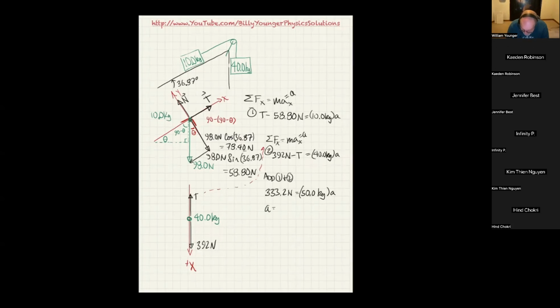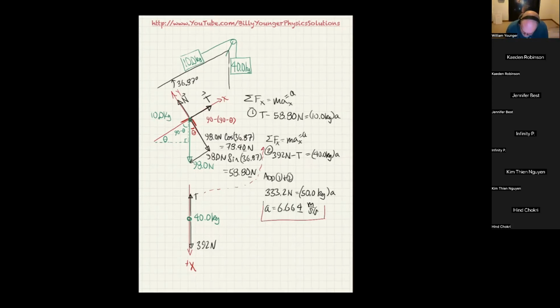So I can automatically say A is going to be 333.2 divided by 50. That gives me 6.664 meters per second every second.